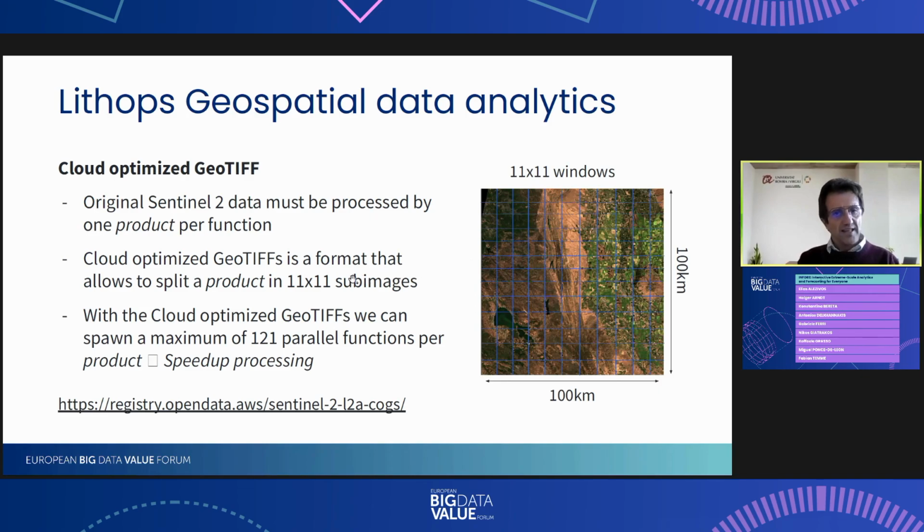So now these GeoTIFFs enable us to split this product in 11 tiles or sub-images. So now we can launch parallel functions for each of these partitions in the GeoTIFF. This is also public information. And then if we can launch parallel functions for each of the parts of these tiles, we will be able to process dynamically in a data-driven way a lot of data.